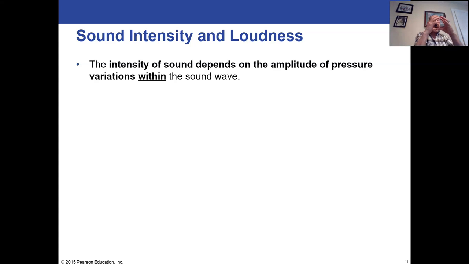When you compress air, you get high pressure regions followed by a rarefaction, a low pressure region. So you get high pressure, low pressure, high pressure, low pressure. So it's a pressure wave. So you'll see these plots that look like transverse waves, but they're just a graphic representation of the fact that a high level means high compression and a low level means low compression or a vacuum or a near vacuum.